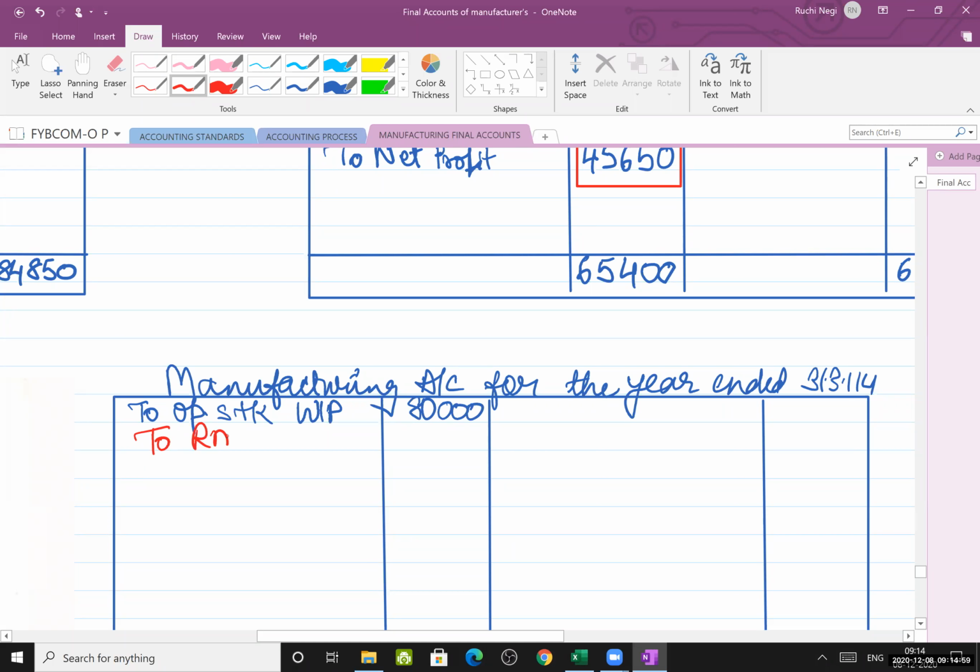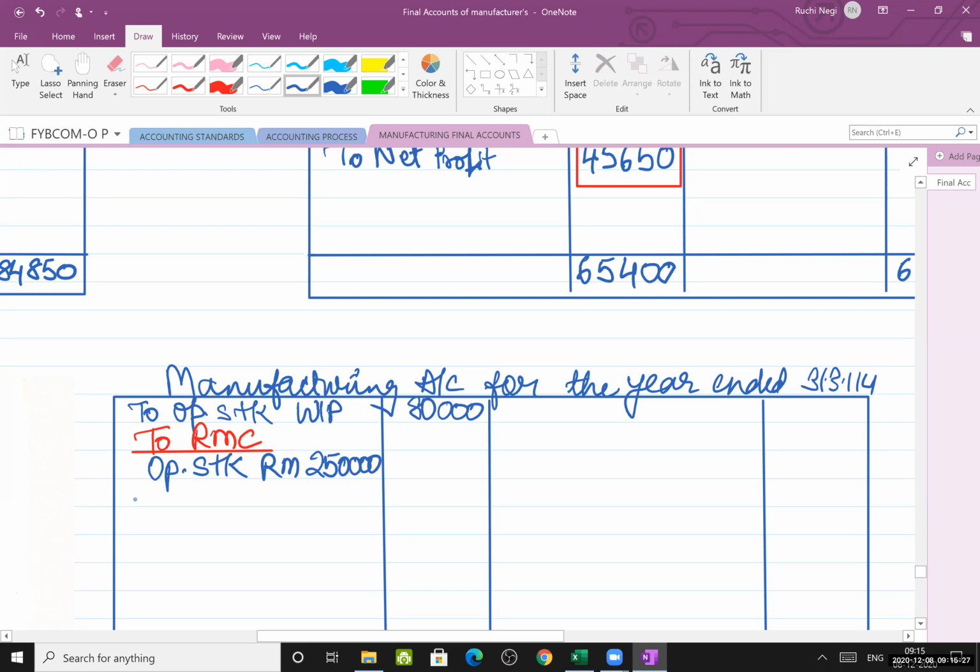Raw material consumed, or you can even write direct material, it's the same thing. In that you have first the opening stock of raw material. Please write down the things, don't sit idle there.